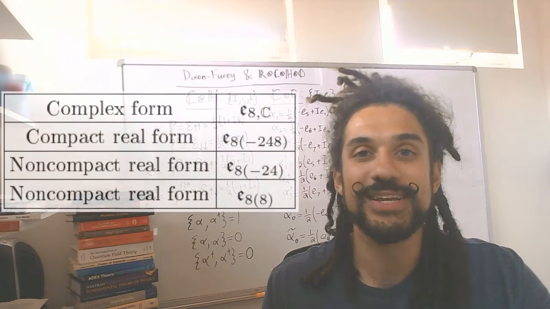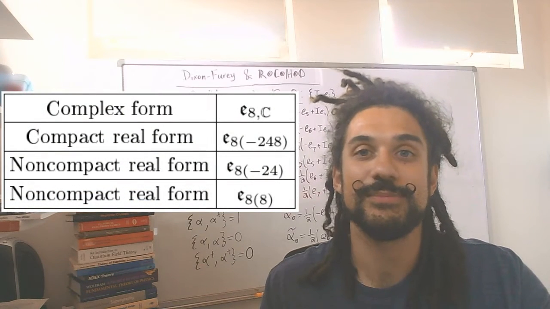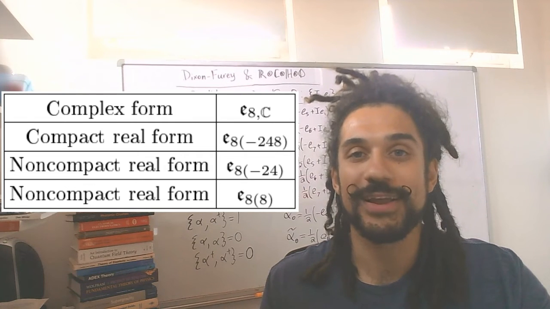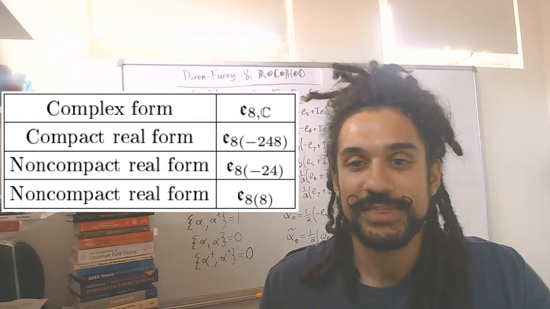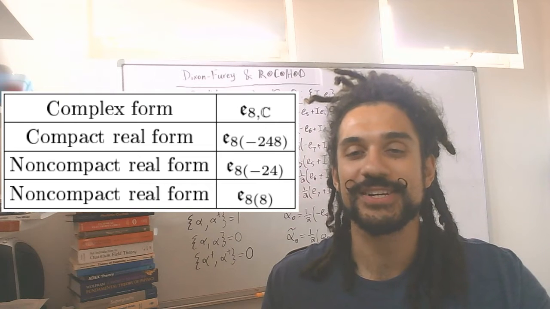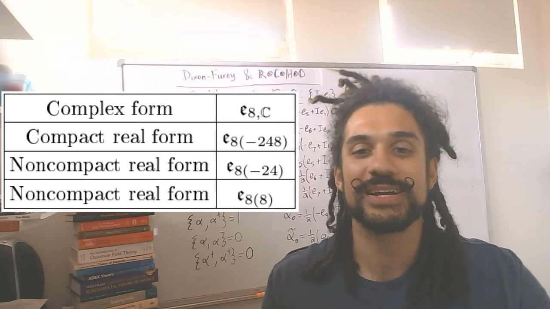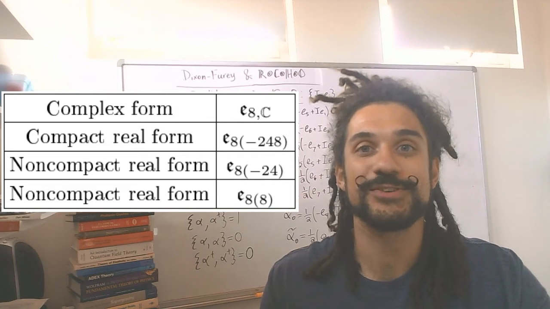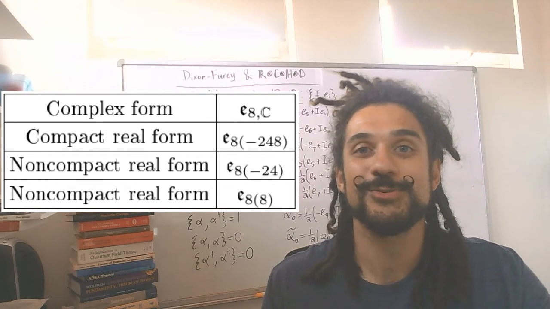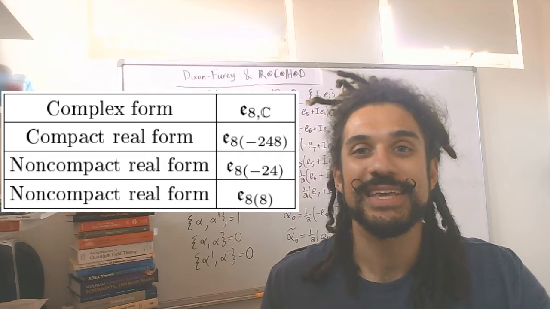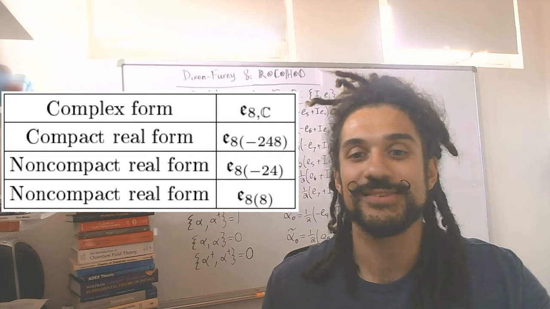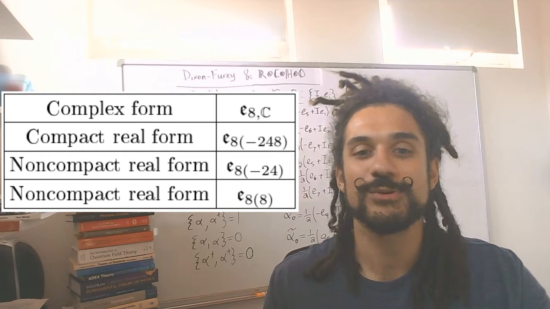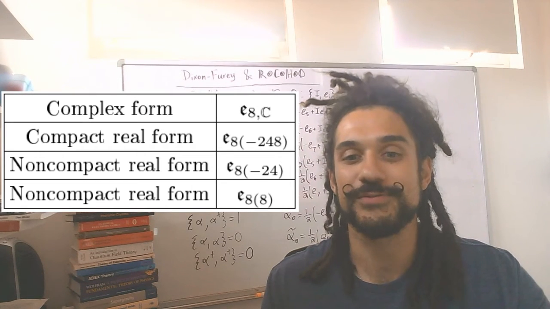E8 has 3 distinct real forms, named E8(-248), E8(-24), and E8(8). The physicists decided to make a convention to display the number of non-compact generators minus the number of compact generators in the subscript. Since E8 has 248 generators, E8(-248) has 0 non-compact and 248 compact generators, which makes this the compact real form.